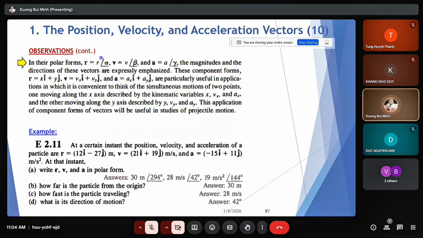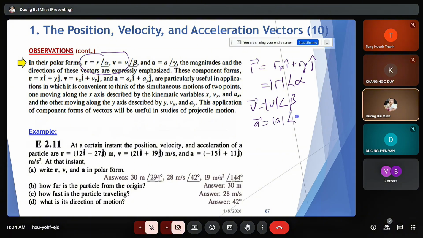Or as mentioned before, you can use the complex number, with magnitude and phase angle. Of course you can use r_x i-hat plus r_y j-hat, or we can use the magnitude of r with a phase angle, maybe alpha. Similarly, we have v with magnitude and phase angle beta, and acceleration a with magnitude and another phase angle. It's up to you. If you use the polar form, we consider magnitude and phase angle.